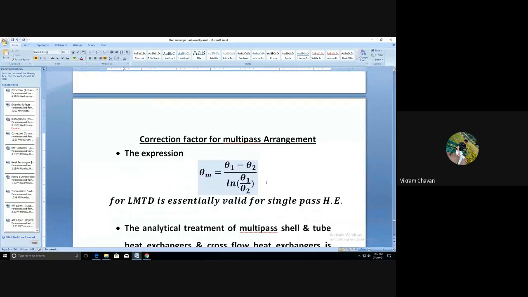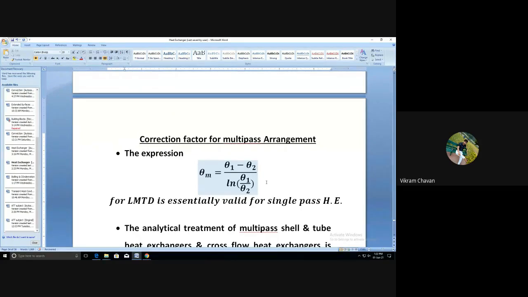The fluid will pass one time only through the given surface area, and that heat exchanger will be considered a single pass heat exchanger. So the formula we have discussed for LMTD, for parallel flow and for counter flow, is useful for the single pass heat exchanger.